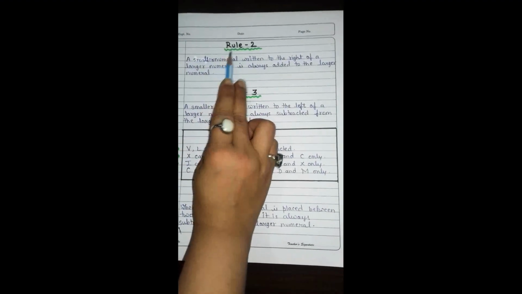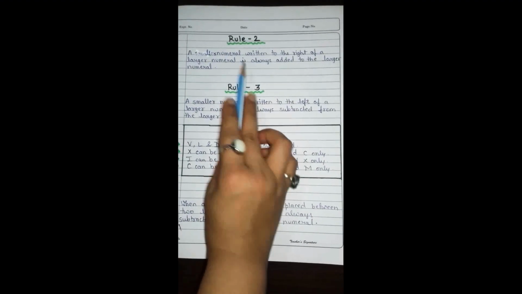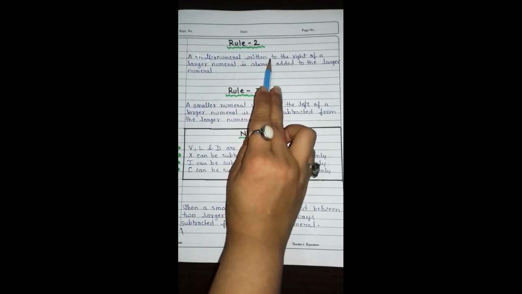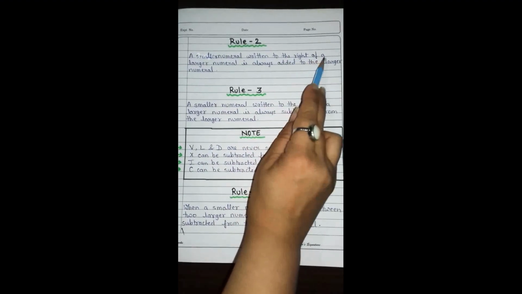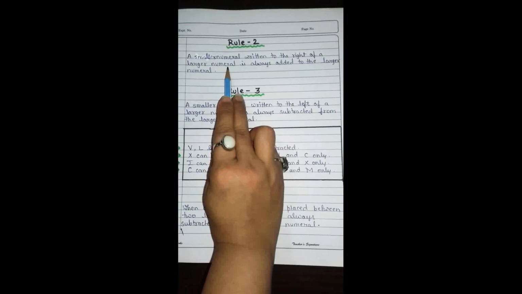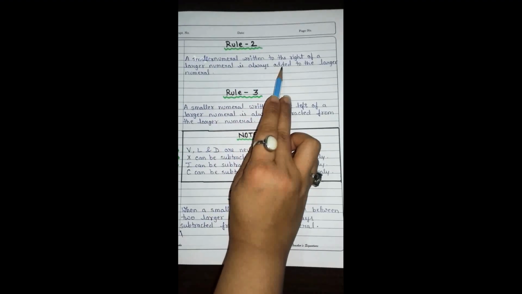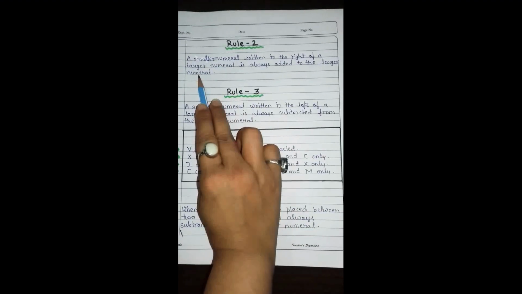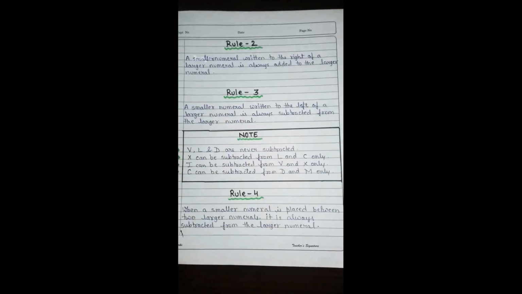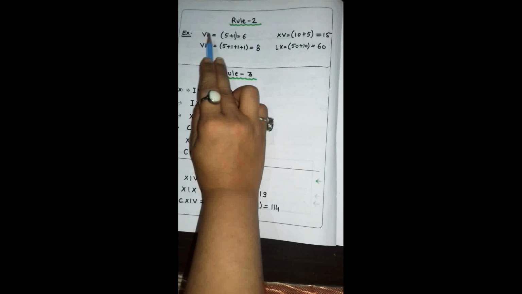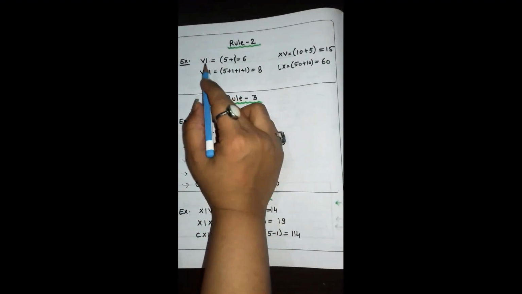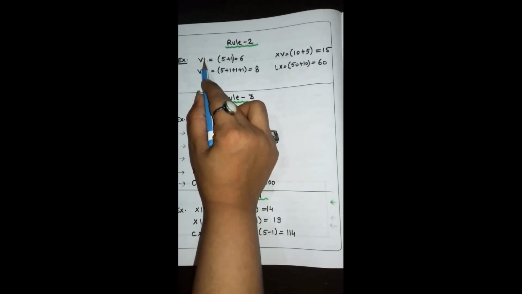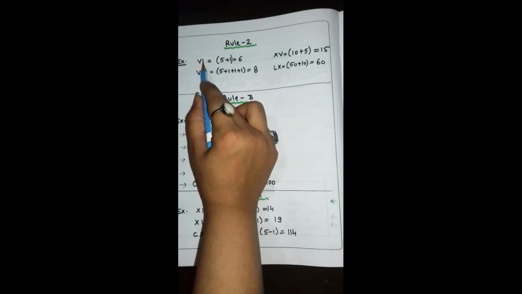Now, rule 2. A smaller numeral written to the right of a larger numeral is always added to the larger numeral. For example, VI.